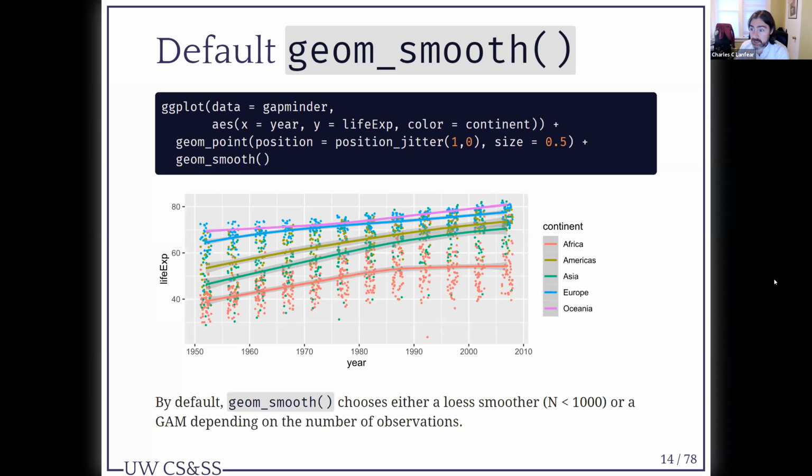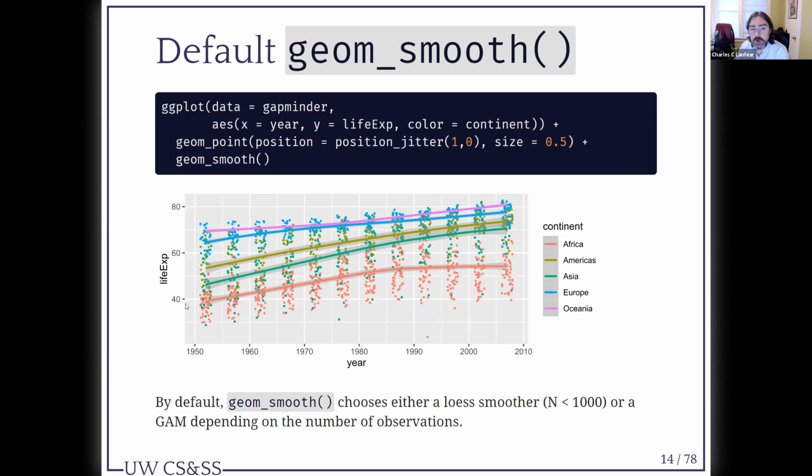If you have more observations, it'll fit what's called a generalized additive model, which is a type of spline model. They look and function identically. It's just that GAM models are computationally easier to calculate. So with a lot of observations, you want to run a GAM. Okay. The nature of these things doesn't matter. These lines are just one way to approximate the average at each year for each one of these continents. Okay, that's all that matters.